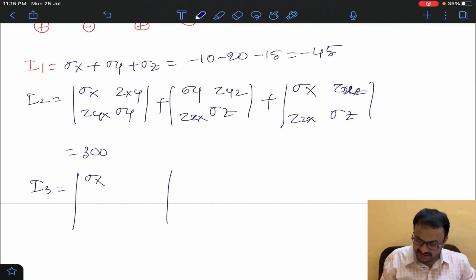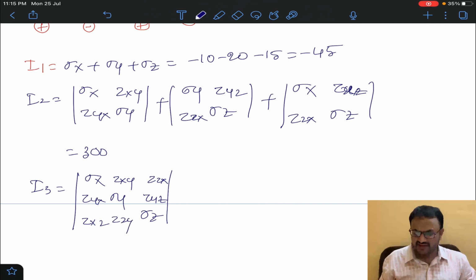The determinant of sigma x, sigma y, sigma z, tau yx, tau xy, tau zx, tau yz, tau xz, tau zy. So this is very important. Writing the 3D tensor is the most important. If you calculate the determinant for this 3D matrix, you will get 3125.